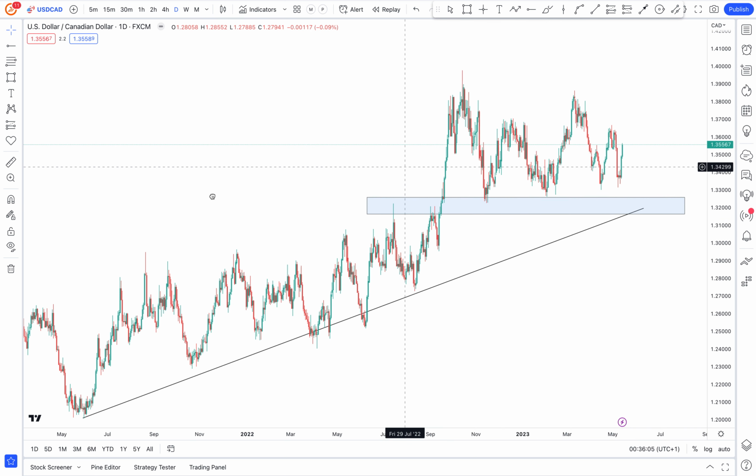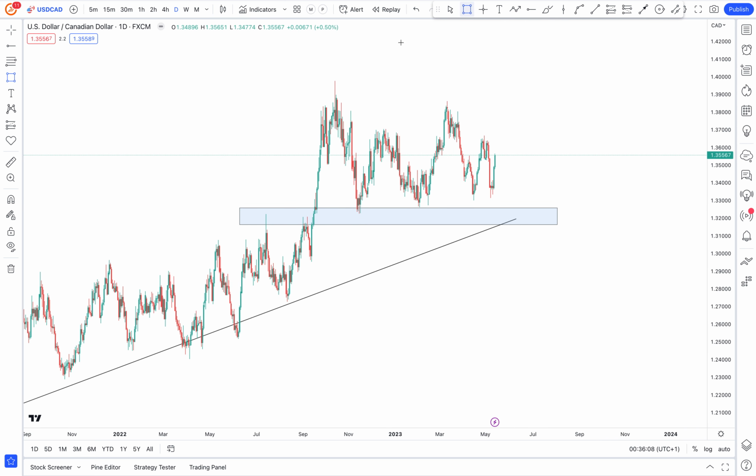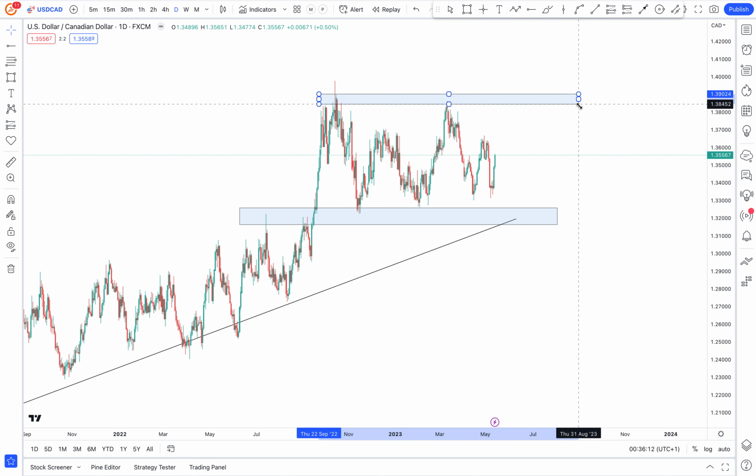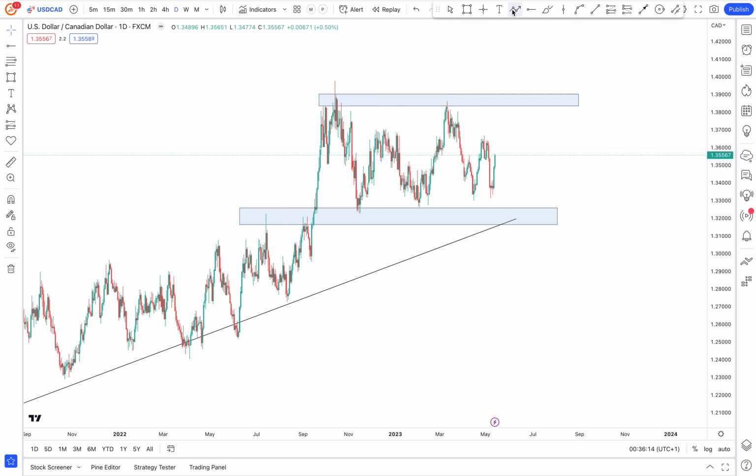After the breakout of this zone, USDCAD has been ranging for weeks now, from this zone to this zone, and then here ranged. It's been consolidating.